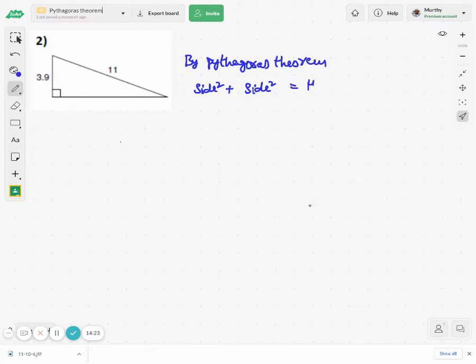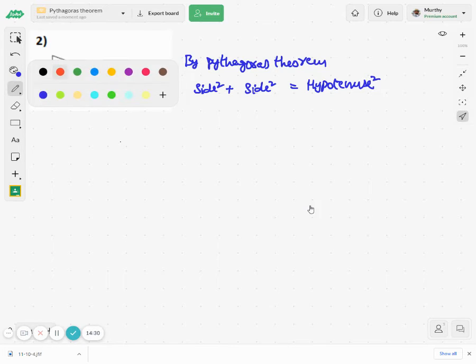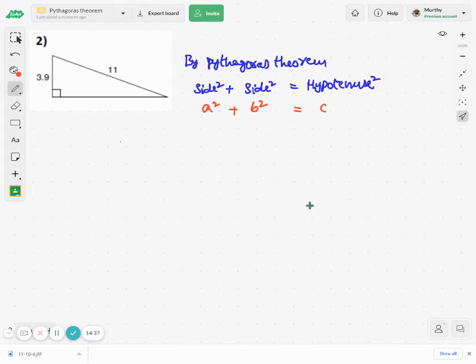My answer is yes, it is, because when you write the same rule again and again, it stays in your mind. a square plus b square equals c square. You know the condition. So here, 3.9 square plus 11 square equals c square.